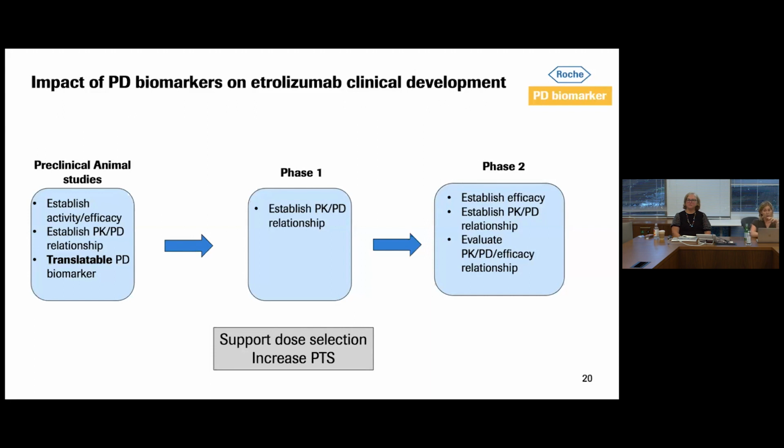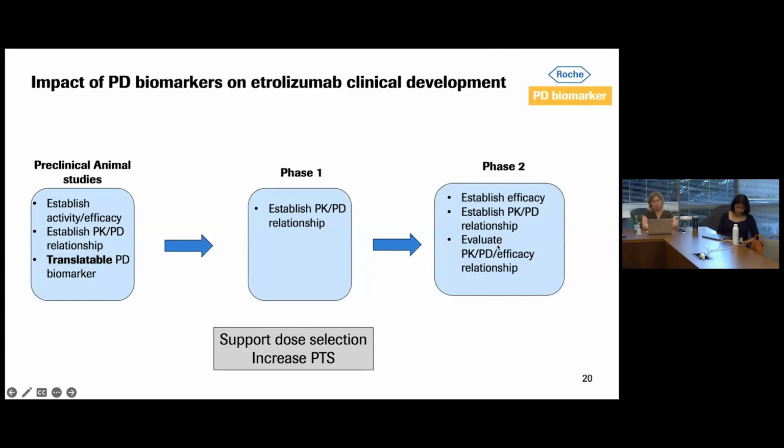Then we used phase 1 in healthy volunteers to establish the PK-PD relationship and pick the dose that would then be moved into phase 2, where we started looking at efficacy. So it really supported the dose selection, and it increased the probability of technical success, that's what PTS means, for our subsequent studies.